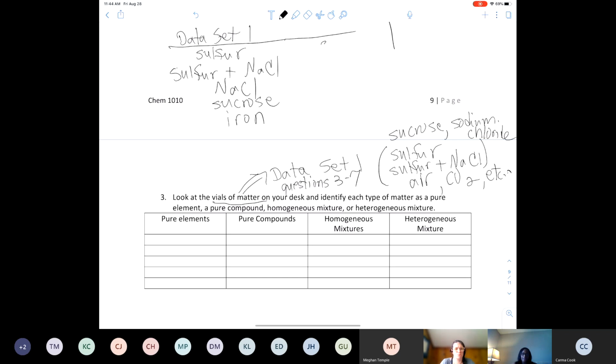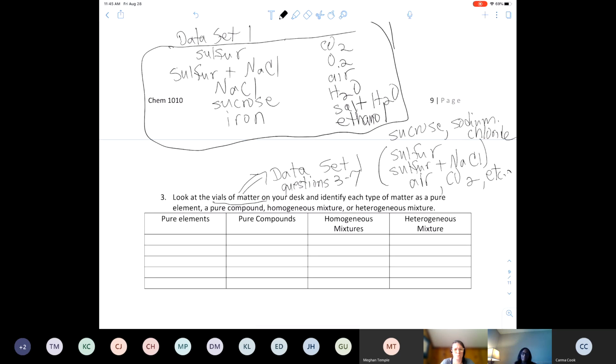We also had CO2, oxygen, and air. We had water, salt water, and ethanol. So 11 total substances from that data set 1.